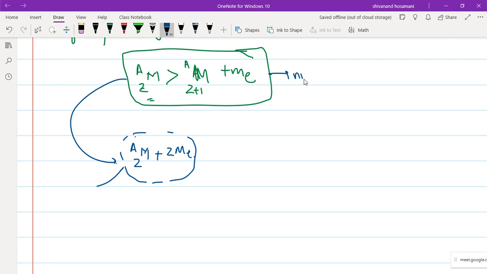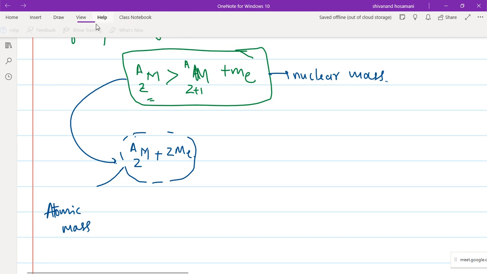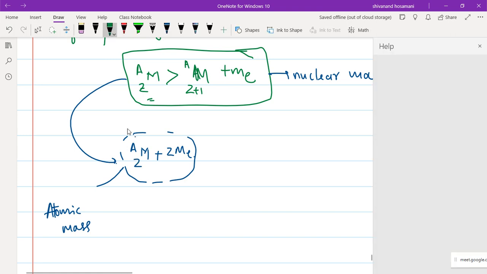This is in terms of nuclear masses, and here it is atomic mass. If I add this number of electrons, because this part is only for the nucleus.